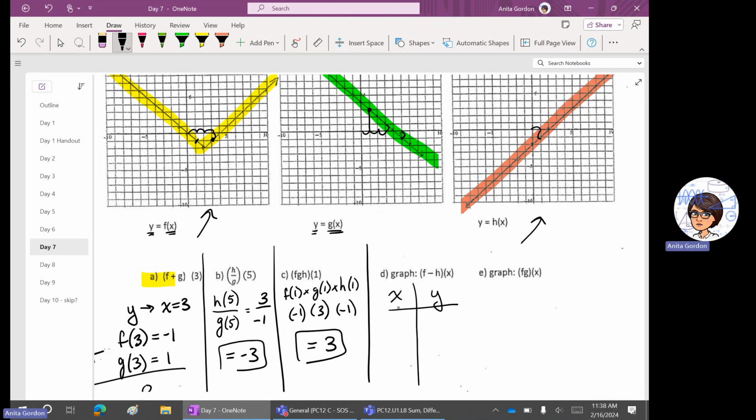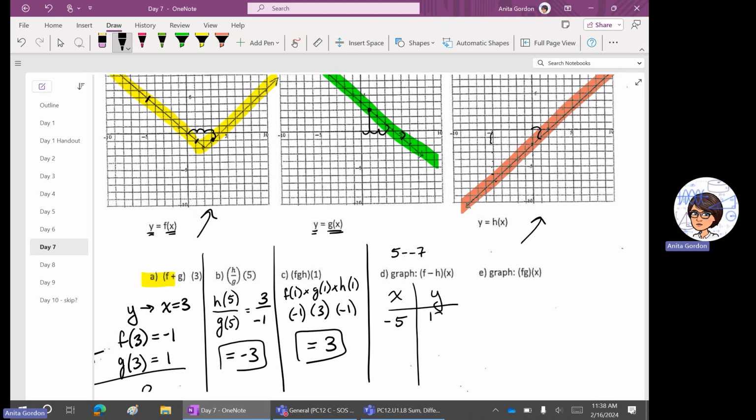So let's do when x is -5. I'm going to go to -5. F is +5. H is -1, 2, 3, 4, 5, 6, 7. Okay, so 5 minus -7.